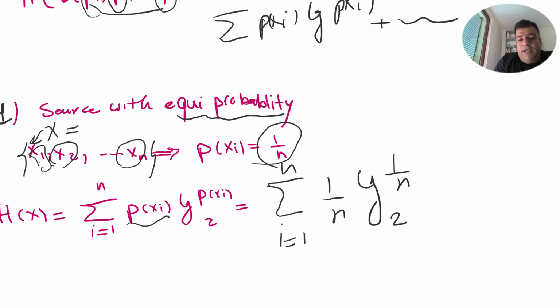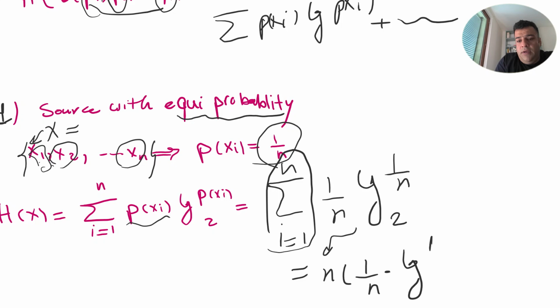But all members from i to n are the same, so instead of this summation I can write n times 1/n times log 1/n in base 2, and in the entropy we have a minus.